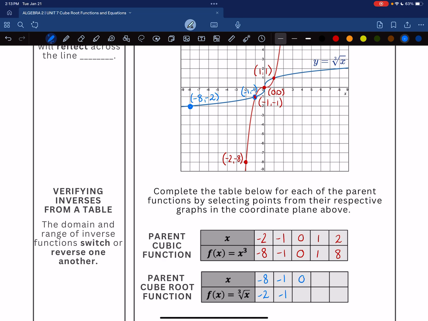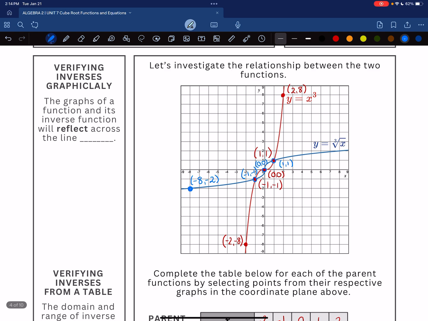Also, when we switch 0, 0, it is 0, 0, and that point is graphed and part of my parent function. The point 1, 1 is graphed. And then also, we should have the point 8, 2 instead of 2, 8, and that is right here.